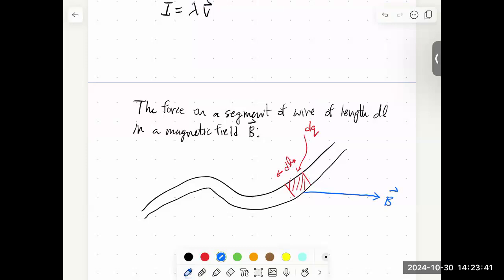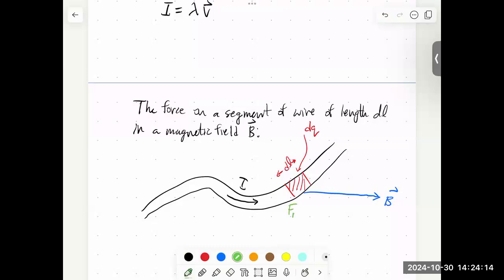Okay, so let's imagine that the current in our wire is flowing left to right. The charge is flowing left to right. Then what we know about a charge moving with some velocity v along the direction of the wire is that if I curl my fingers into the direction of the magnetic field, my thumb points into the screen, so there must be a magnetic force into the screen in this case.